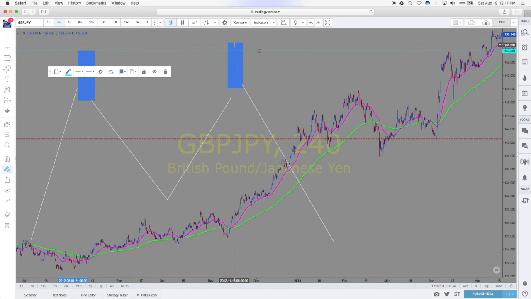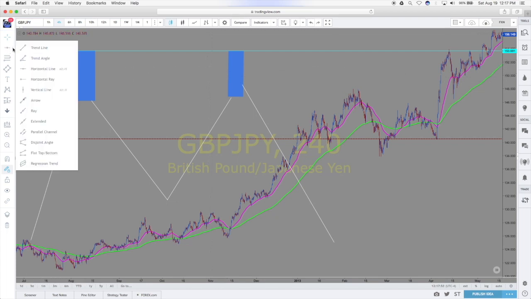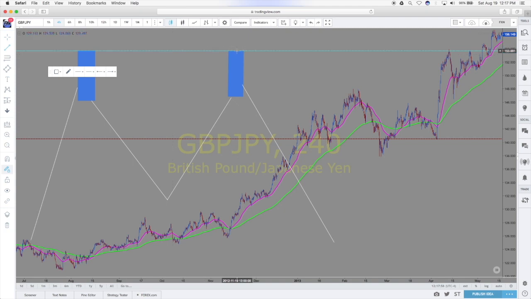It has to stay like this, below that. Now one thing that it can have is these wicks. The wicks don't matter. We're talking specifically about the body.